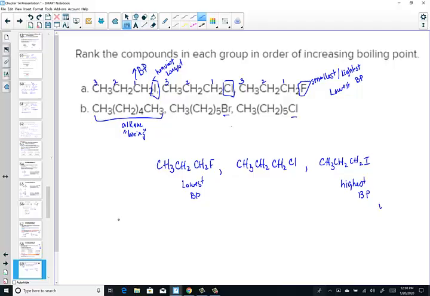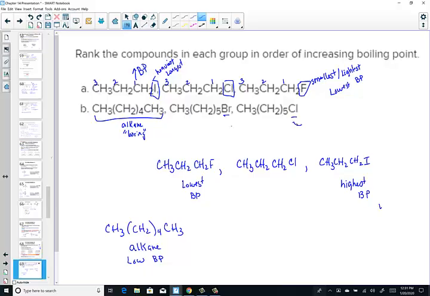So I can see the weakest intermolecular attractions are going to come from the most boring molecule, CH3, CH2 taken 4 times, CH3. That's an alkane, A-L-K-A-N-E, alkane. Very low boiling points. They're boring, no functional group to create any type of intermolecular attractions.